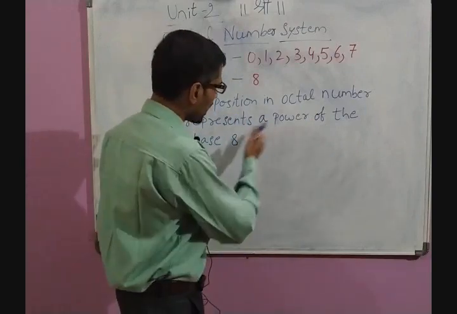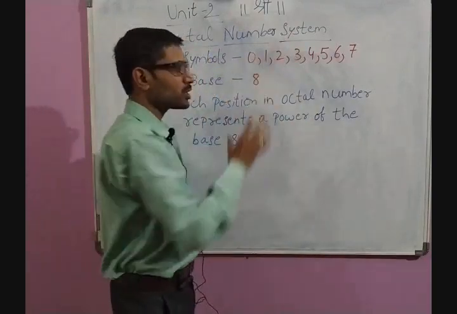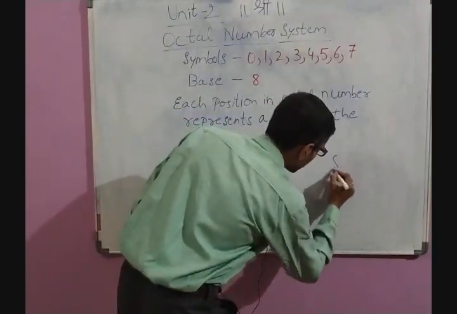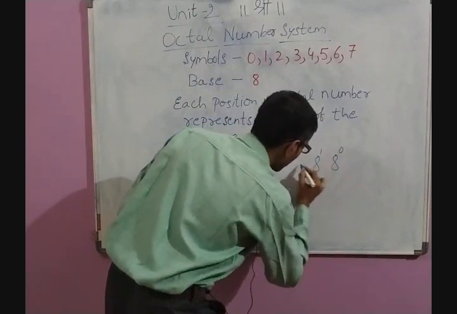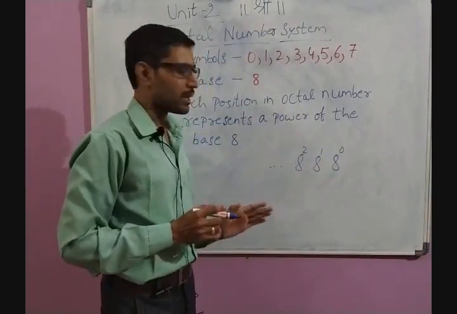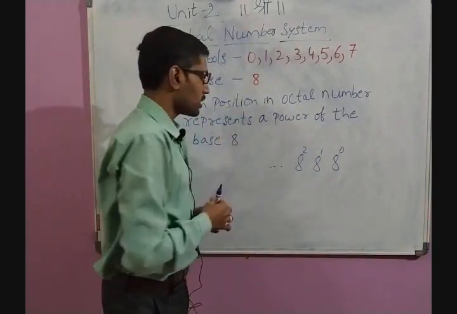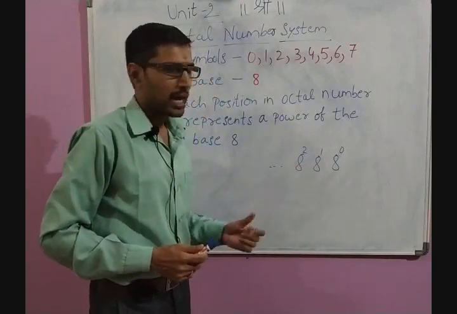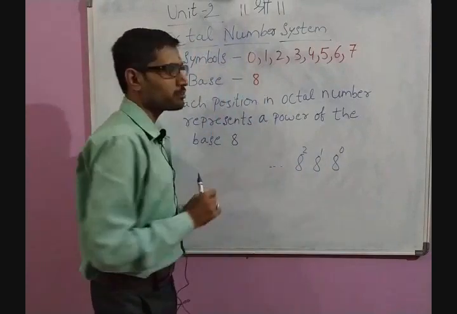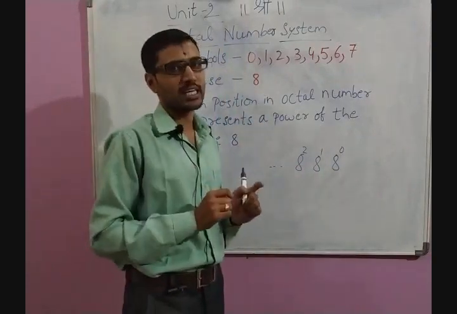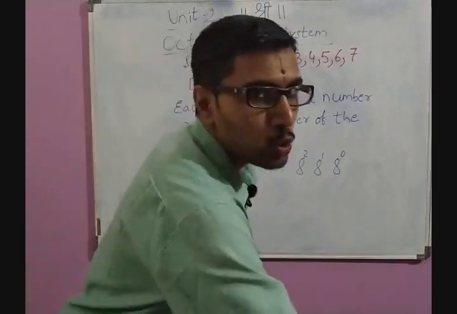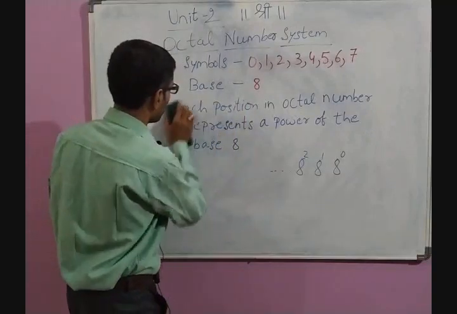So the positional values will be 8 raised to 0, 8 raised to 1, 8 raised to 2 and so on. The concept remains the same, but depending on the base the positional value is different. As we are dealing with positional values, octal numbers also belong to the category of positional numbers. Let us take a simple example to understand octal numbers.